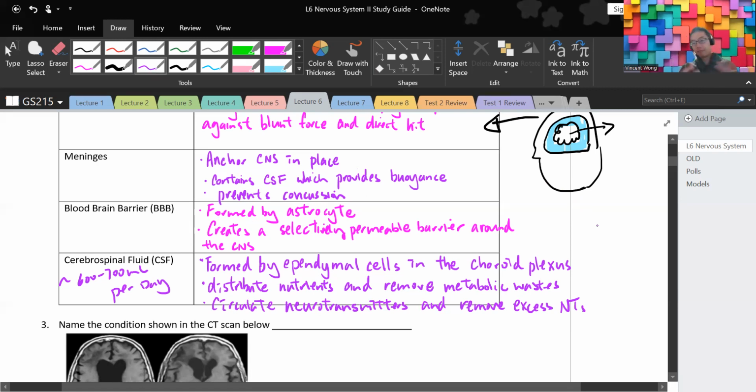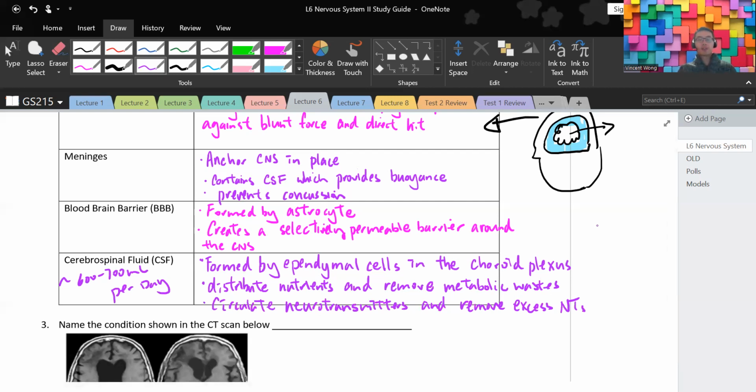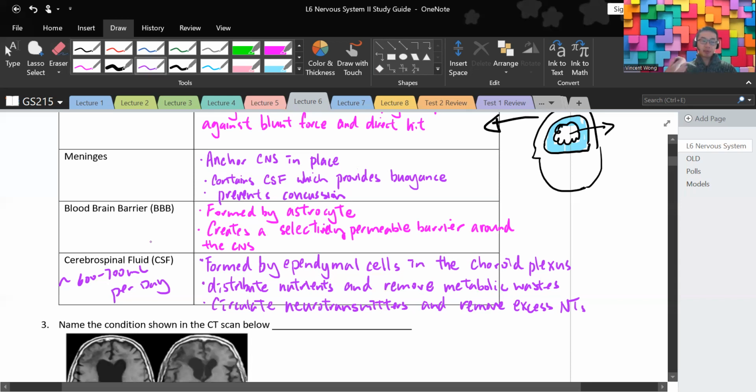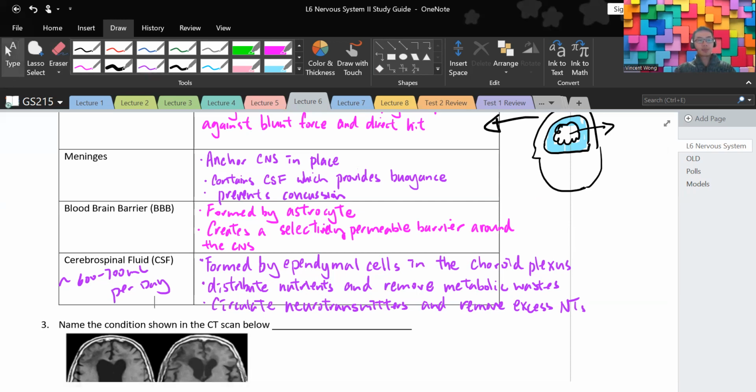You get the lymph because the fluid is squeezed out from the capillaries, right? From your blood. So CSF is produced in a similar process, okay? But it's produced at a very specific location in the brain by the choroid plexus. Okay, and these are the cells that are inside the choroid plexus.